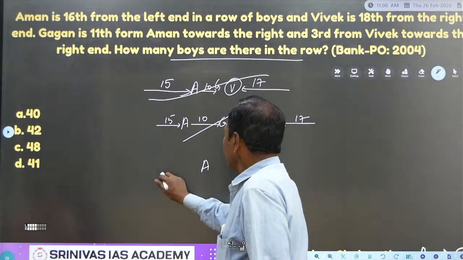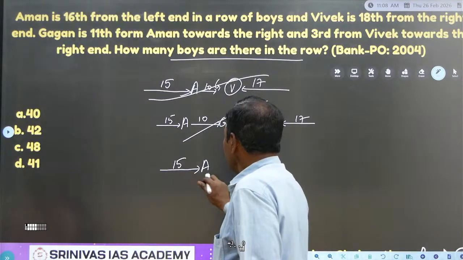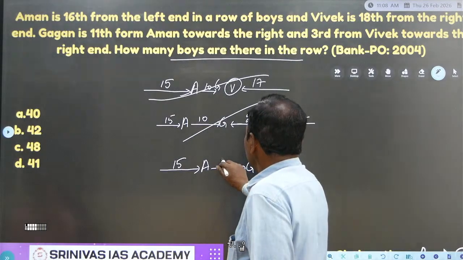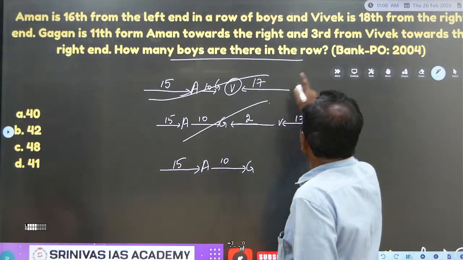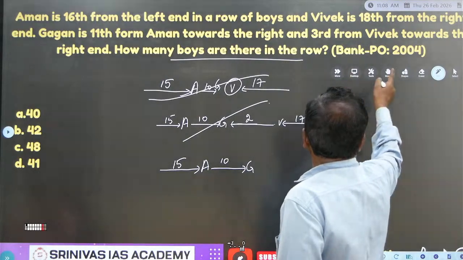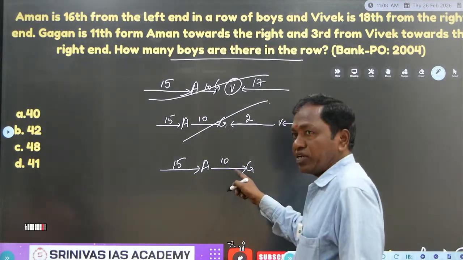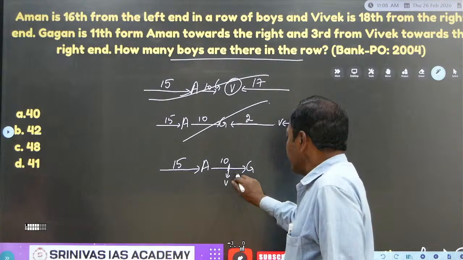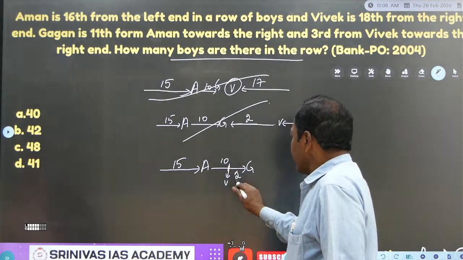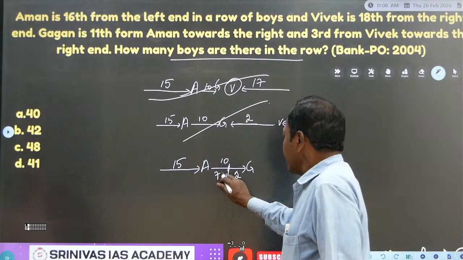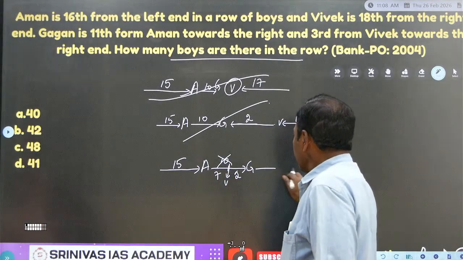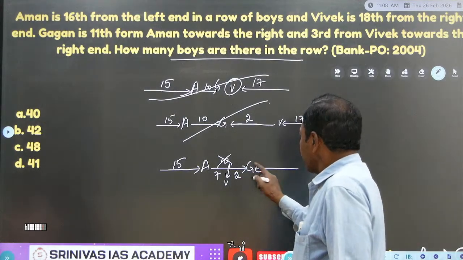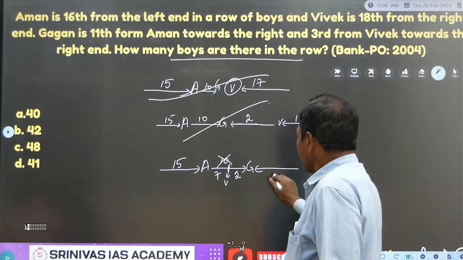This is Aman, 15. Next to Vivek, and this is Gagan. Gagan is third from Vivek towards the right end. Third right means if you put 2, this is totally 10; 10 minus 3, 7. Cut this. And to the right of Vivek 17, already 2 is there, plus 1, 3. 17 minus 3, 14.